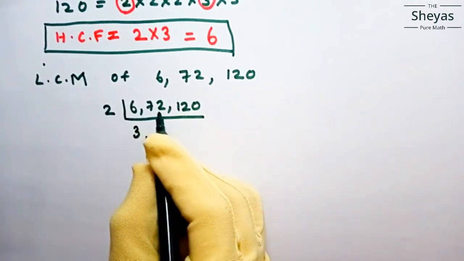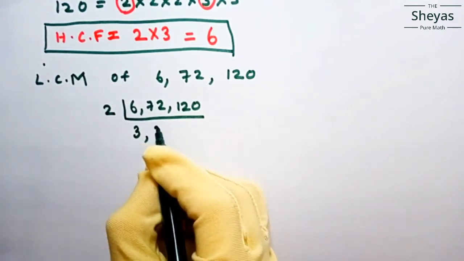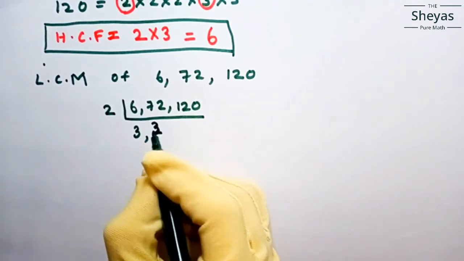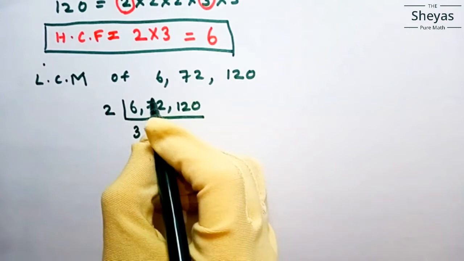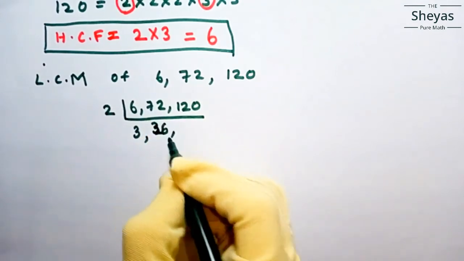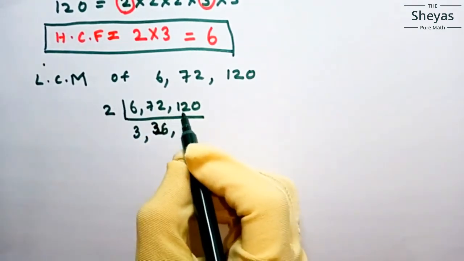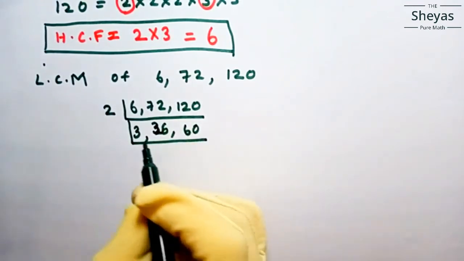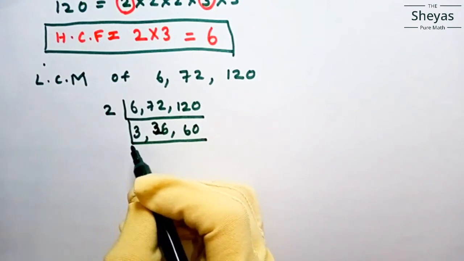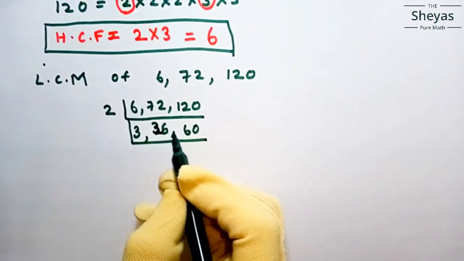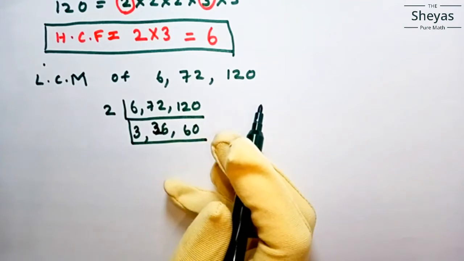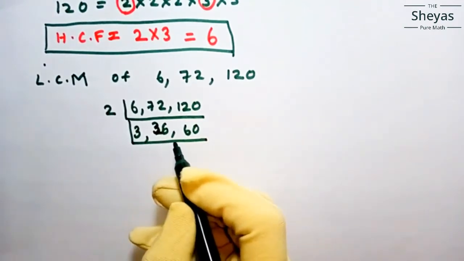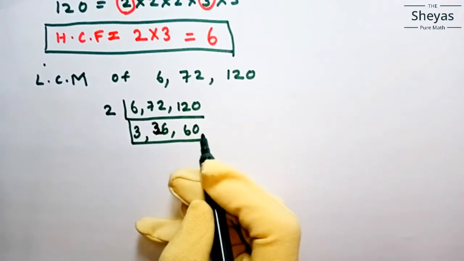Then for the next number, 3 2s are 6, remaining 1, so 12, 36, then 6 2s are 12, then 0. Now here 3 is not divisible by 2, but 36 and 60 are divisible by 2, but you have to select the common term. If there is a common factor, then you have to select that.